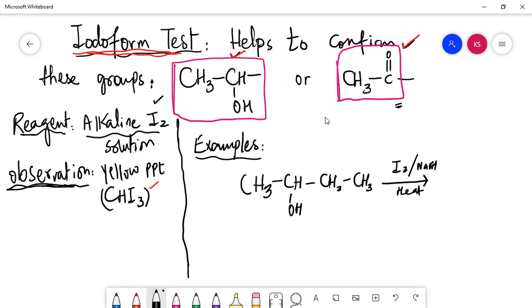So when we see this arrangement present in this compound, like ये वाली जो ऊपर मैंने mark की हुई है, CH3 CHOH, I could see that here. So I would say this compound will give a positive iodoform test.